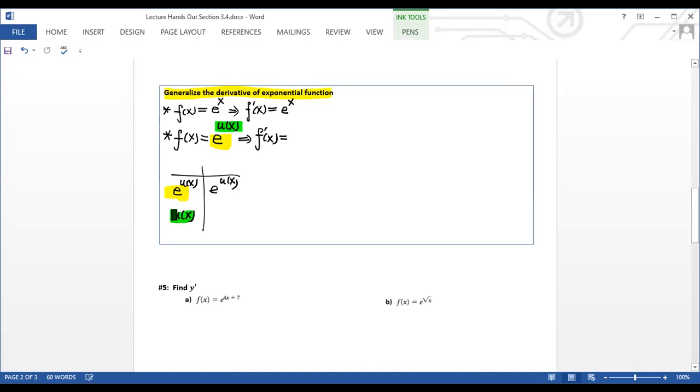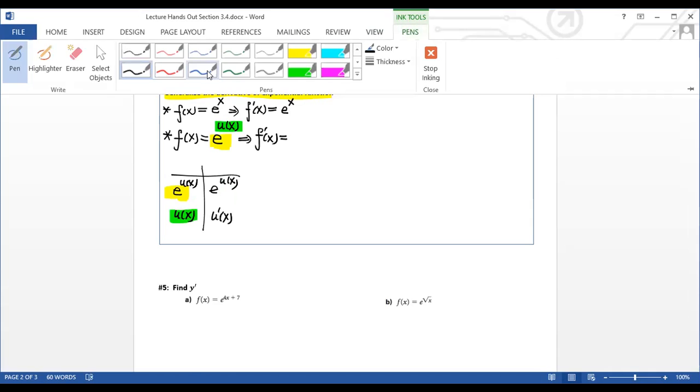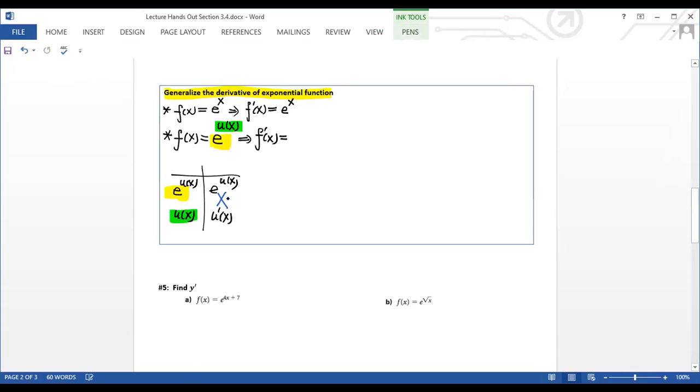The next layer is u of x, and its derivative is u prime of x. Then you multiply them together, so it will be e to the u of x times u prime of x. This one is very easy to show.